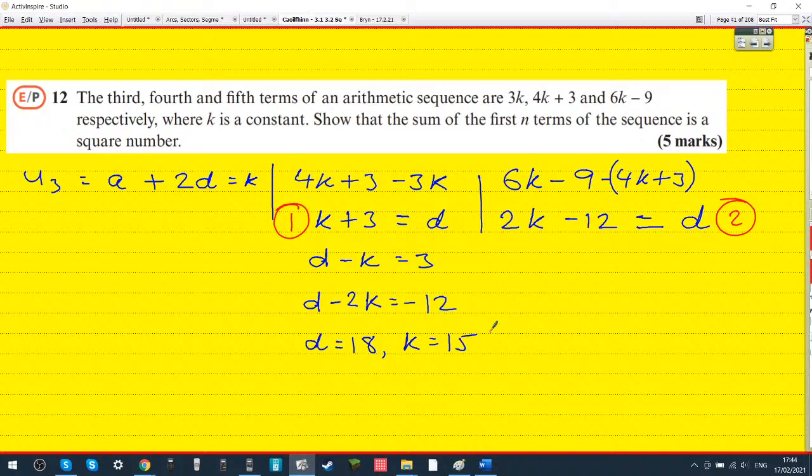Now do we use that in the equation for the sum? Yep. You don't know what A is though. Oh yeah. How did we work out A last time? You have U3 over there.